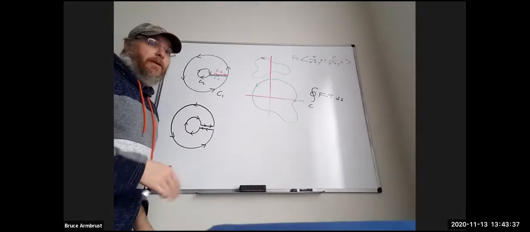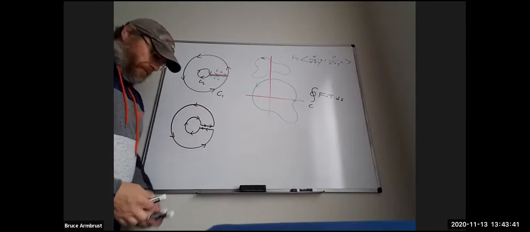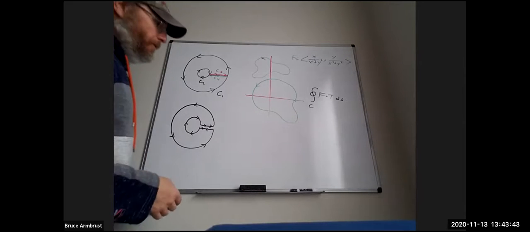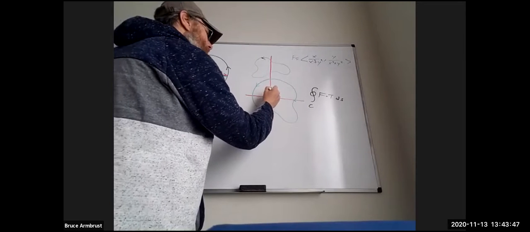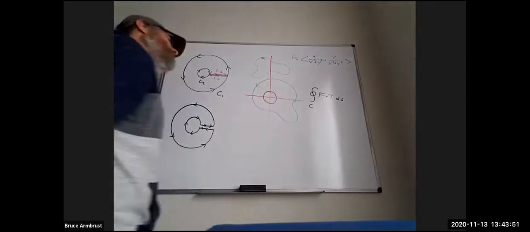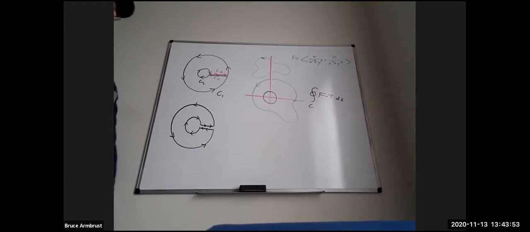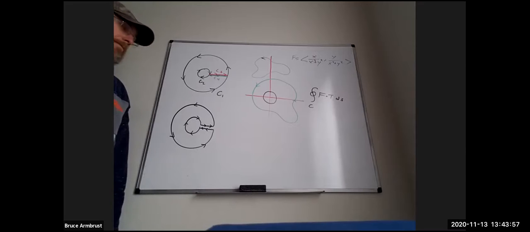Okay, so here's what we do as an end around. We introduce another curve. And we're going to pick a nice curve that also contains that 0.